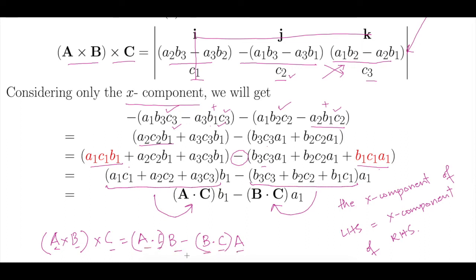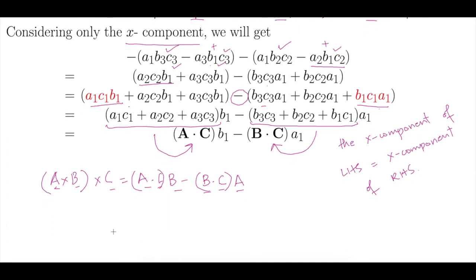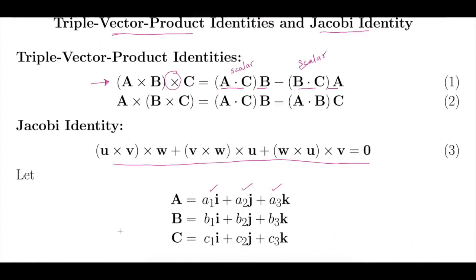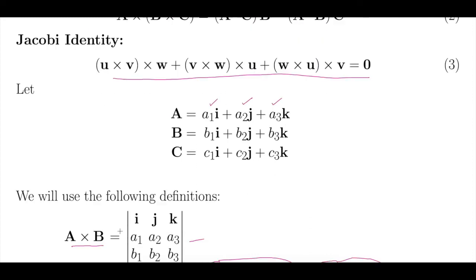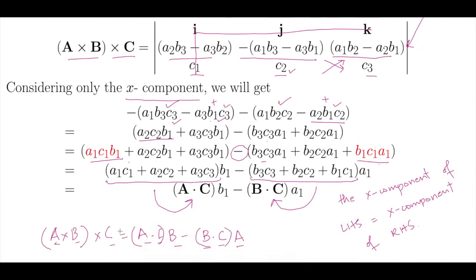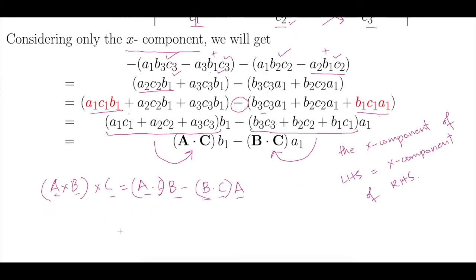All right, so then this is the proof of the triple product identity, and for the other one, equation number 2, which is here, you will follow a similar approach to prove. So you will go for the x component, y component, and z component and prove them one by one. This is just a little bit long, 4 or 5 steps of algebra for each of these, but you can appreciate that this is quite straightforward.